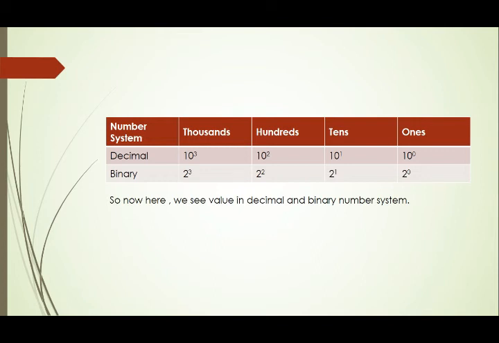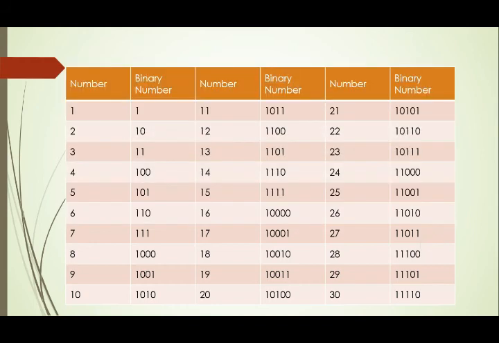The same thing is shown in binary, right? The base of binary is 2, so 2 raised to 0. Again LSD to MSD: 2 raised to 0, 2 raised to 1, 2 raised to 2, 2 raised to 3. So here we see how we convert numbers into binary numbers. 1 is equal to 1, 2 means 1 0, it's called one zero, not ten.